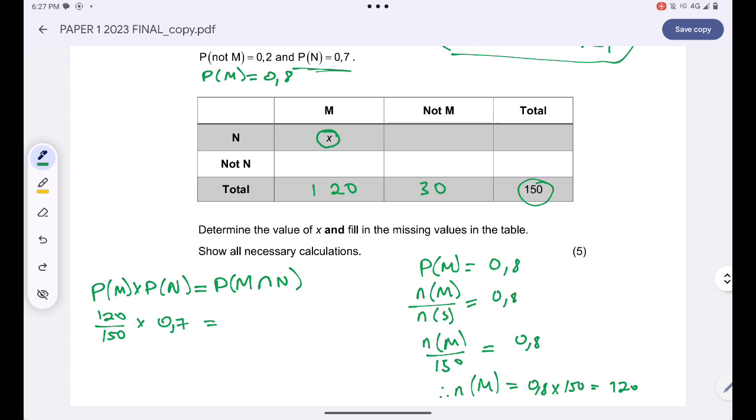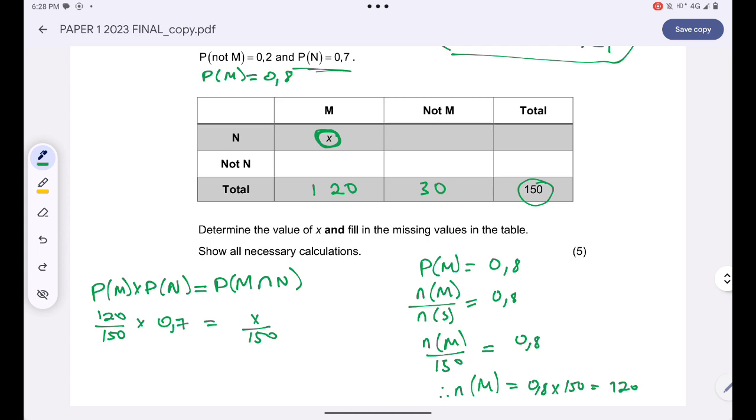That's the number of elements in the intersection of both M and N, which is X divided by 150. Are you together? So 120 divided by 150 multiplied by 0.7.